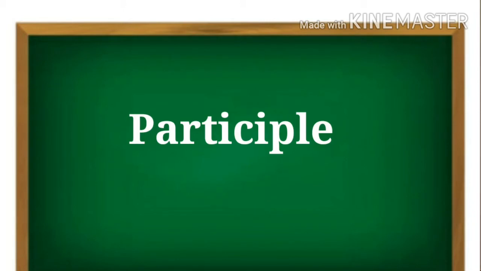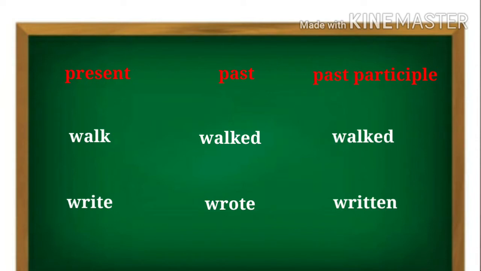Before knowing what is a gerund, you must know what is participle. Participle, when I say, you are actually very much familiar with the participle. See, for example, these verb forms. It is in present tense and in past tense and past participle form. Walk, walked, walked. Write, wrote, written.